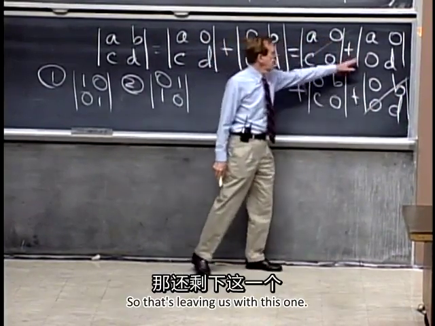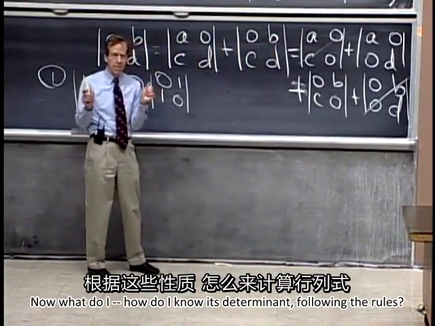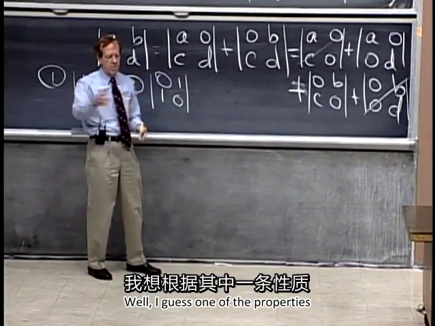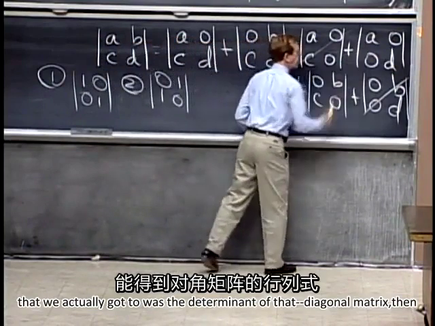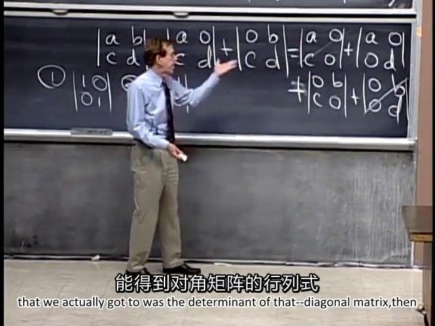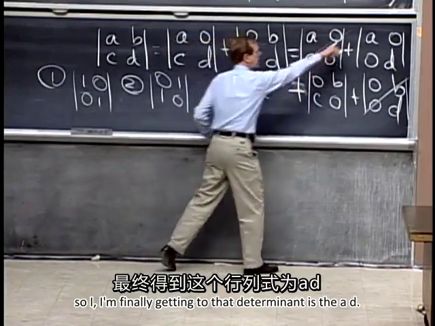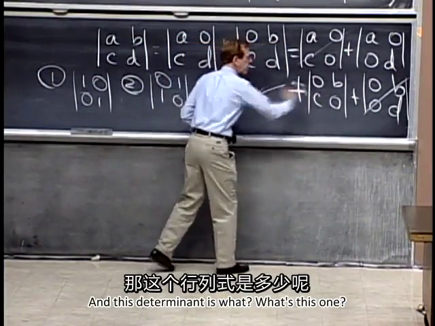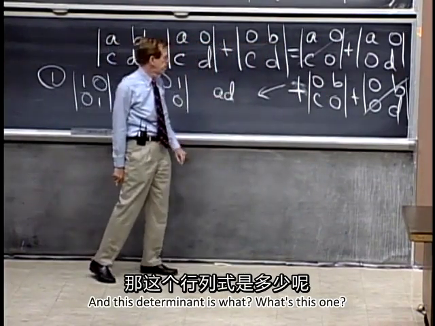Okay, so that's leaving us with this one. Now, how do I know its determinant, following the rules? One of the properties that we got to was the determinant of a diagonal matrix. So this determinant is ad. And what's this one?